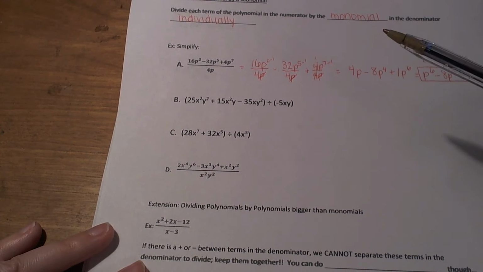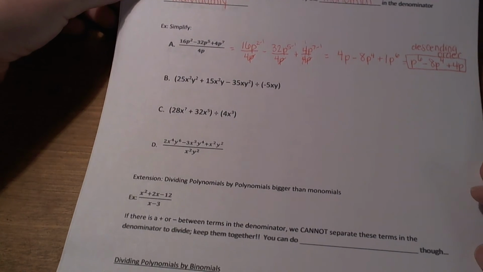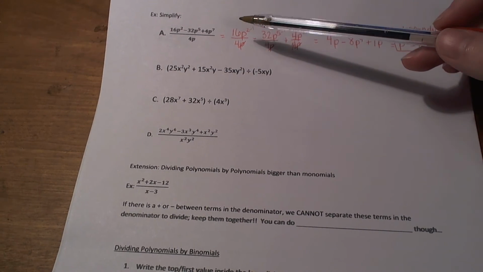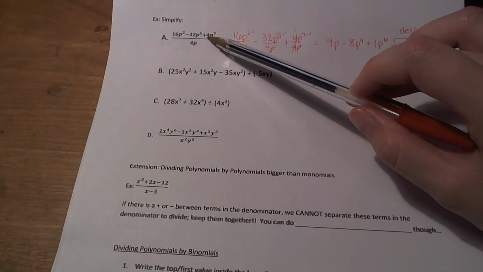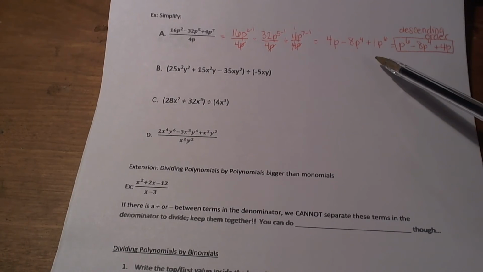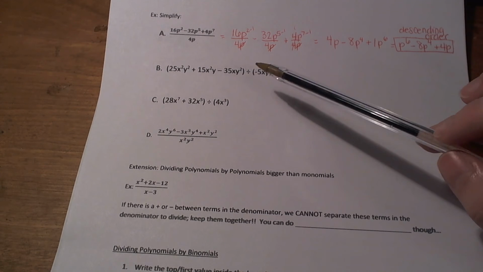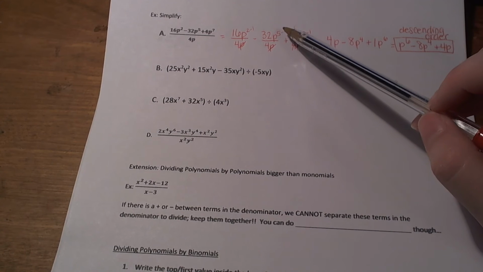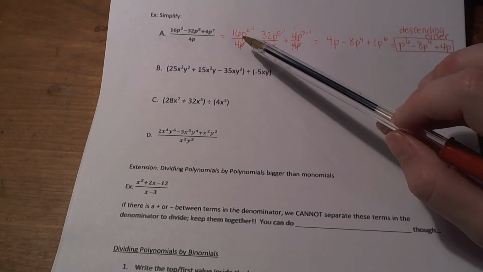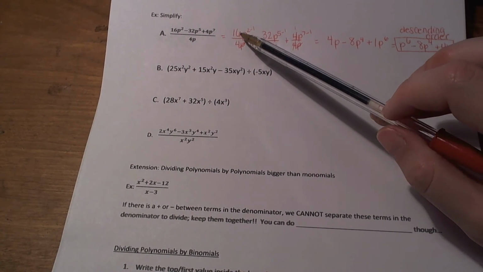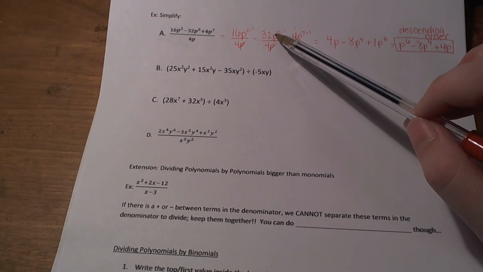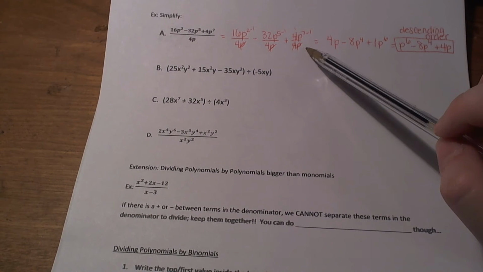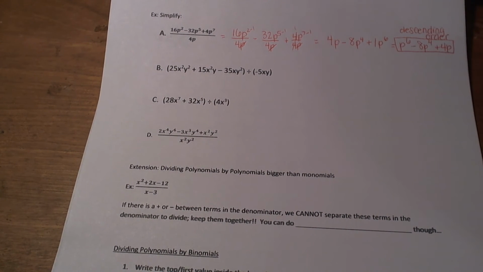Now, those of you who say, what work do I have to show? Okay, you do have to show some form of work. Do not go just from this beginning problem to this answer. I need to see some idea of what you're doing behind the scenes. So you can show all of the steps like I did, or if you just show 16p squared over 4p minus 32p to the 5th over 4p plus 4p to the 7th over 4p, and then go here, that's fine as well.